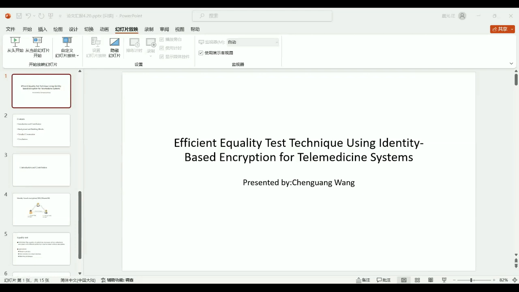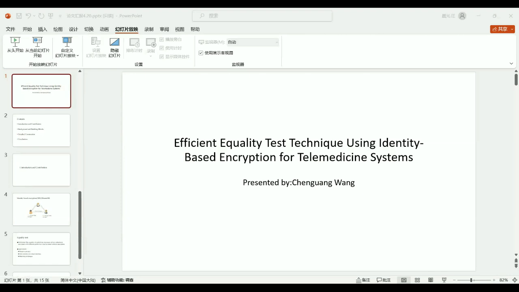There are 3 main entities in this model: users, key generation center, and cloud server provider. Users are divided into 2 types, namely senders and receivers. In a telemedicine system, the sender is generally a patient and the receiver is a doctor.